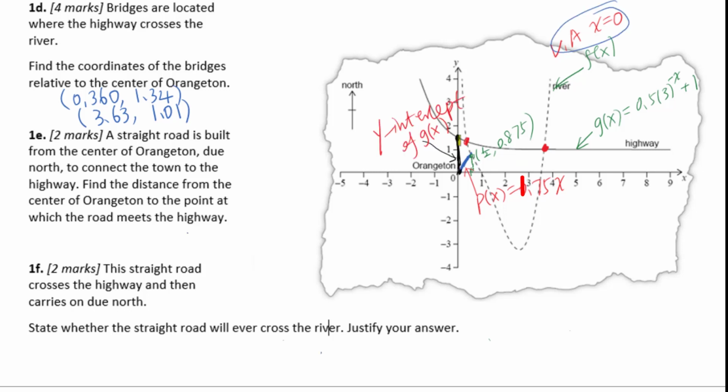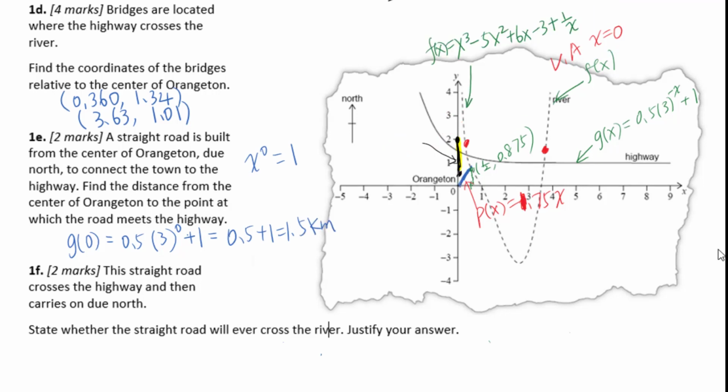For this distance, basically, we are looking for the y-intercept of g of x. So g of 0 equals 0.5 times 3 to the 0 power plus 1. Any number to the 0 power equals 1. So we get 0.5 plus 1 equals 1.5 kilometers.